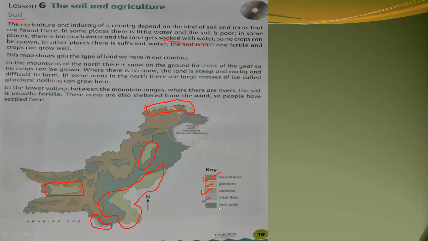And the last one, rich soils, especially in the provinces of Punjab and Sindh. This one, this is the greenish one. We have rich crops over here. These sorts of areas are very fertile and rich for growing crops.